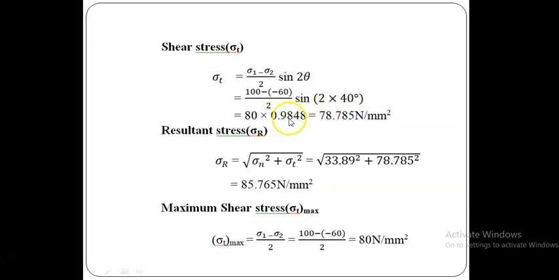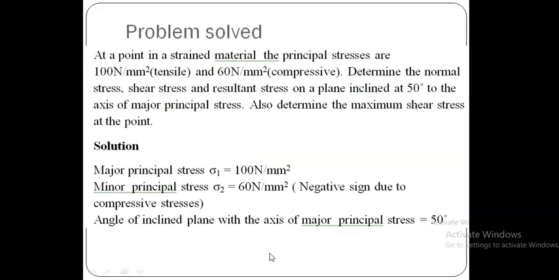Just use this one, and the resultant stress sigma r is equal to the square root of sigma n square plus tau square. And maximum shear stress is sigma 1 minus sigma 2 by 2, that is the radius of the Mohr circle, by knowing the principal stress quantity.